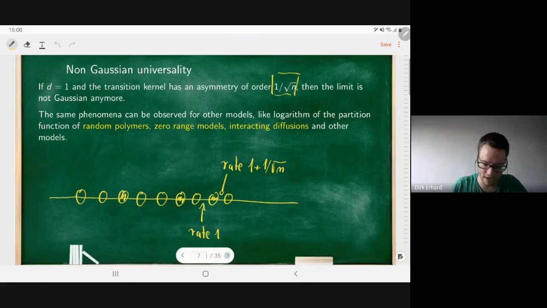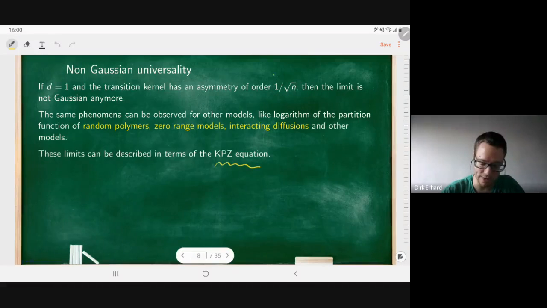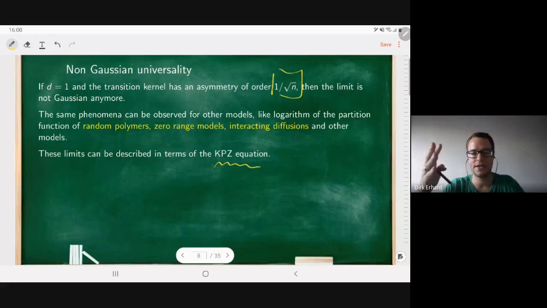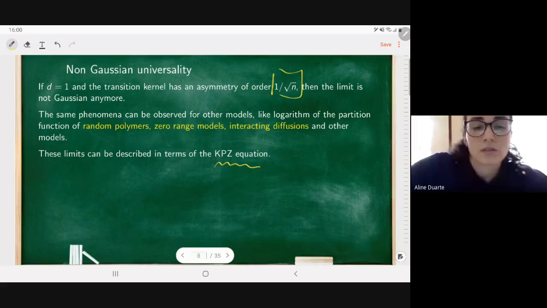There's one where the asymmetry is weaker than 1 over square root of n. Then there's one where it's of the order of 1 over square root of n, and then you get the KPZ equation. And if it's larger than 1 over square root of n, then you formally should get the KPZ fixed point.